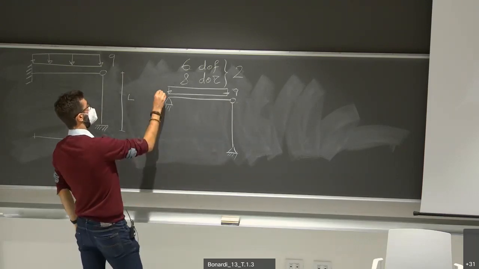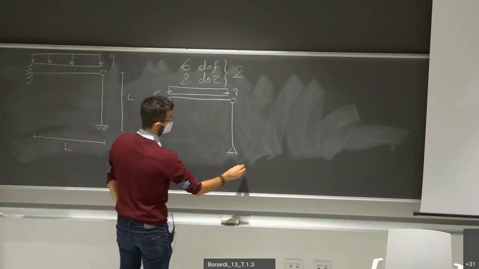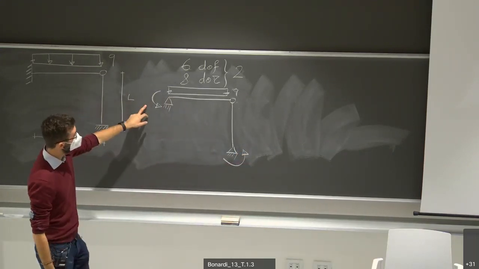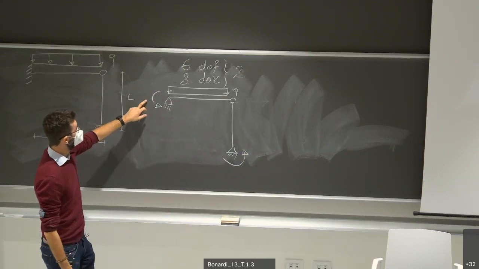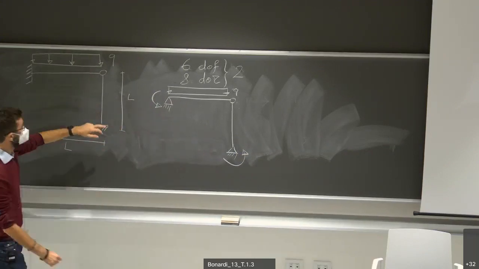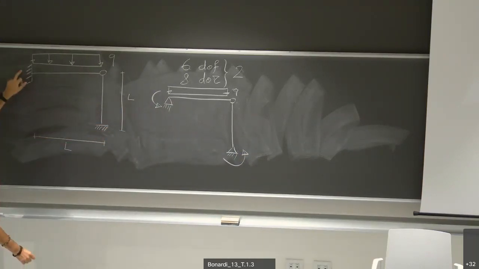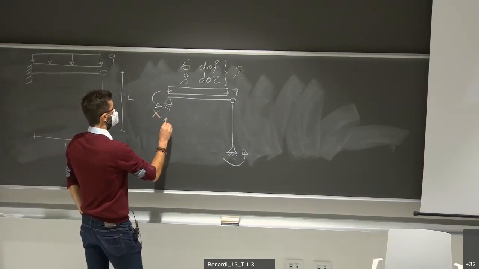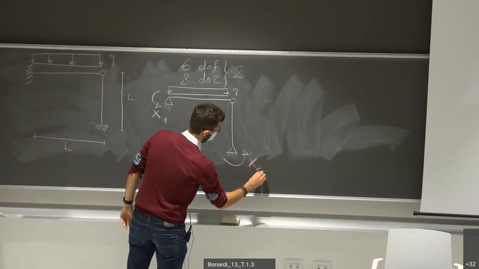But we also have to add the two moments, that are basically the bending moments that are provided by the original restraint. In this case, it is X1 and it is X2.